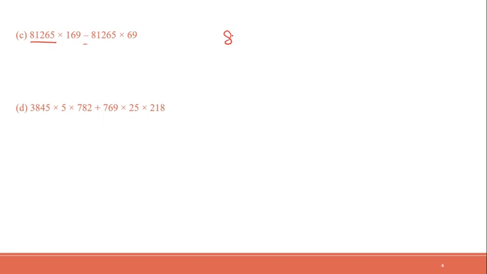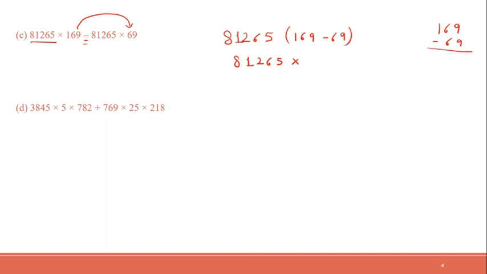So we will take it common here, 81265, and in the bracket we'll just subtract 69 from 169. Why? Because there is a subtract sign here. So 169 minus 69, so the outcome will be 81,265 multiplied with what will come if I subtract 69 from 169.